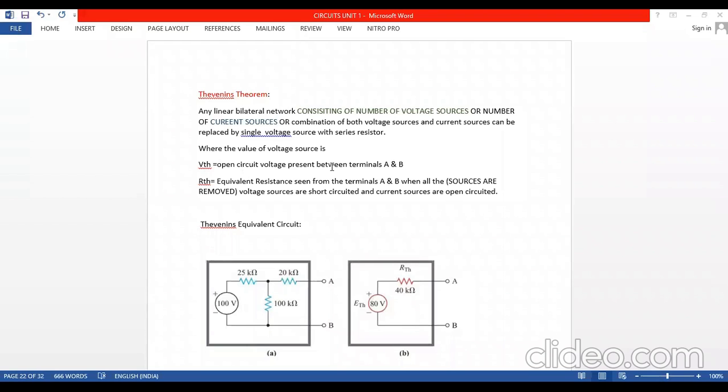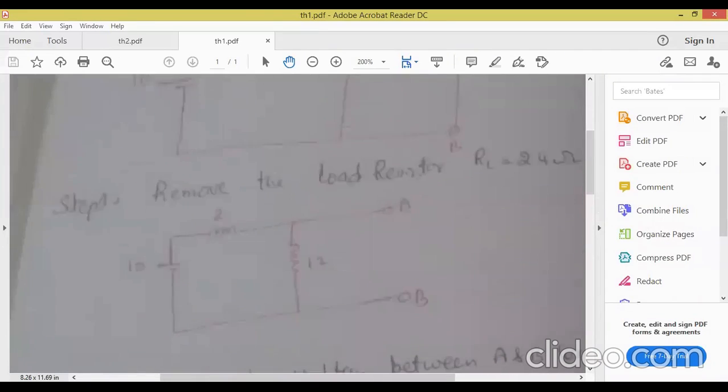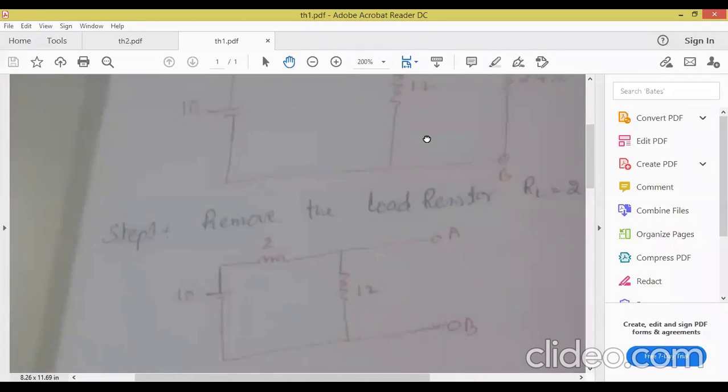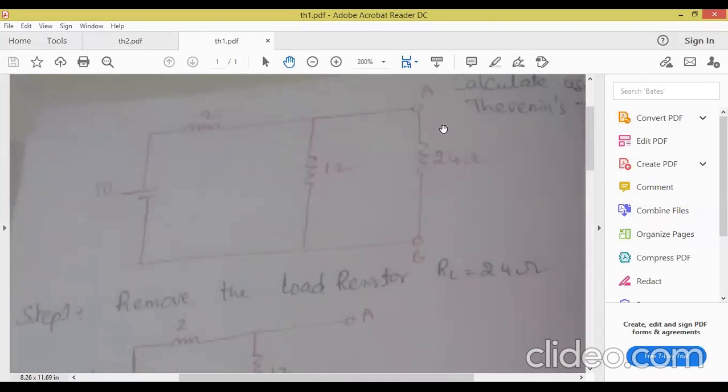Let us go back to the circuit now. Statement and the theorem. So I repeat from the first. What is Thevenin's theorem? Yes, this is a circuit given to you. How to solve this circuit using Thevenin's theorem? What is the first step? All the students. Step 1 is remove the load resistor. They will indicate in the question. Certainly, they can give A and B, P, Q, or they will give the current.